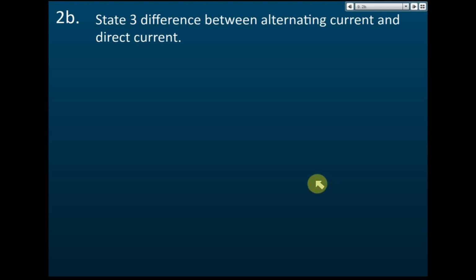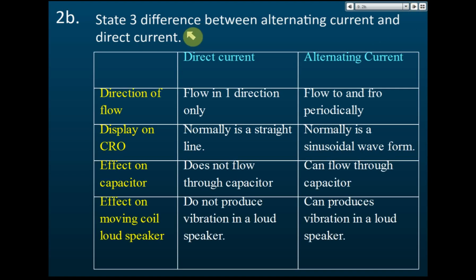Question 2b, state 3 differences between alternating current and direct current. In structured questions, if they ask about differences, you can draw a table. In essay questions also, if they ask about differences, you can draw a table.